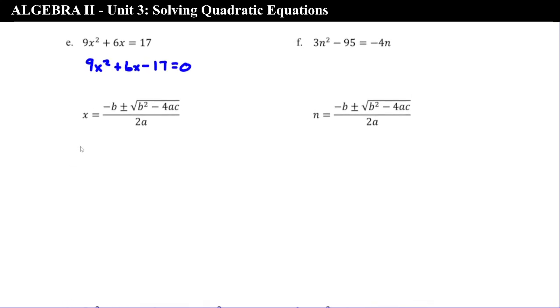So we have x equals the opposite of b, which in this case is 6, plus or minus the square root of 6 squared minus 4. A is 9, c is negative 17, all over 2a, which is 2 times 9.